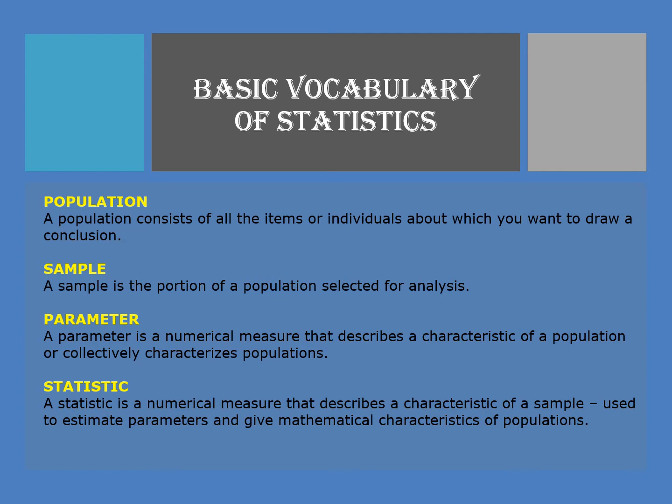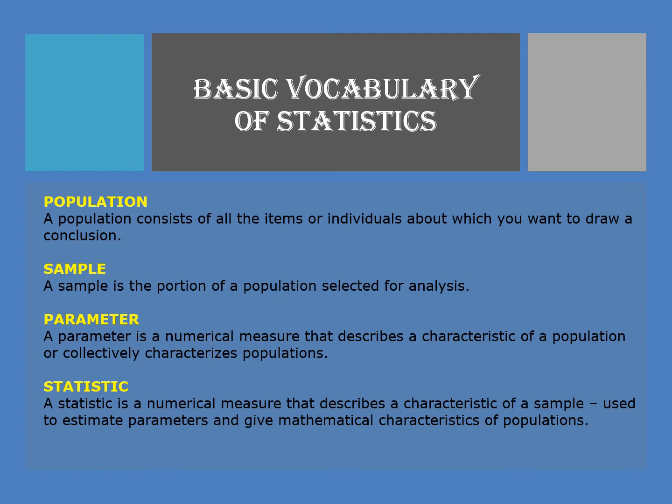Pretty straightforward, hopefully. A sample is the portion of a population selected for the analysis, and a parameter is a numerical measure that describes a characteristic of a population or collectively characterizes populations.